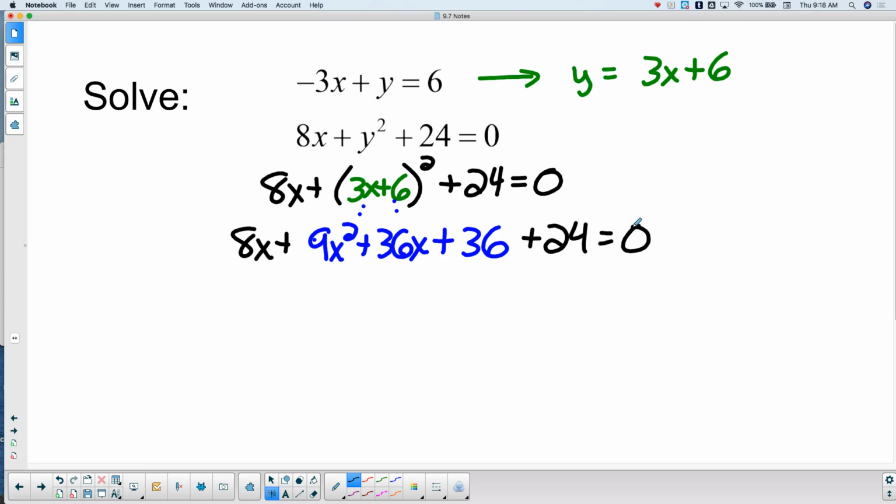If you think about it, I've got 3x plus 6 times 3x plus 6, and this is 18x, and that is 18x, and 18x plus 18x is 18x times 2, which is 36x. Don't do that bad math and just square each term and be done with your life. I've told you 18,000 times this year that that's bad math, and I'm going to tell you 18,001 times that that's bad math. With me?